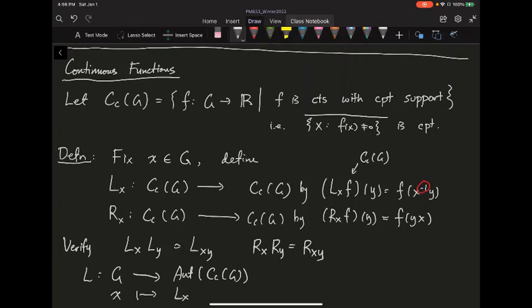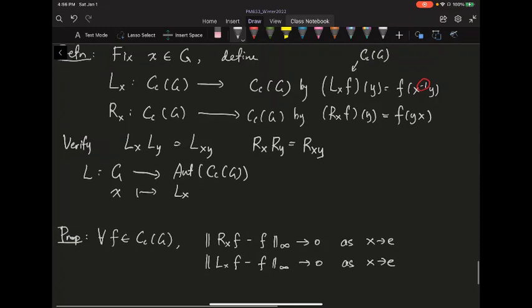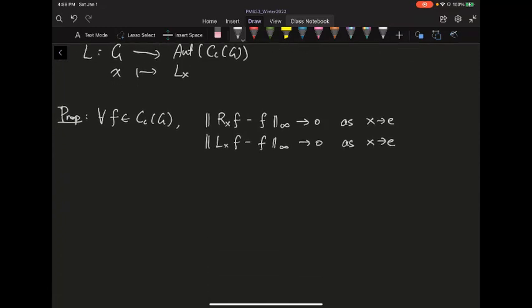The main proposition we need to prove in this video is that these left and right translations are kind of uniformly continuous in the following sense. Suppose I take any function f in C_c(G), and I consider the right translation of this f and take the difference with f.